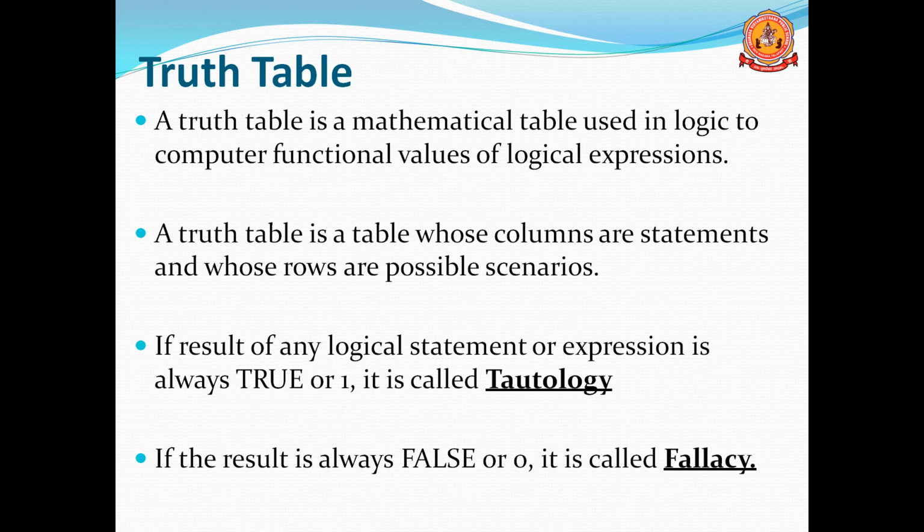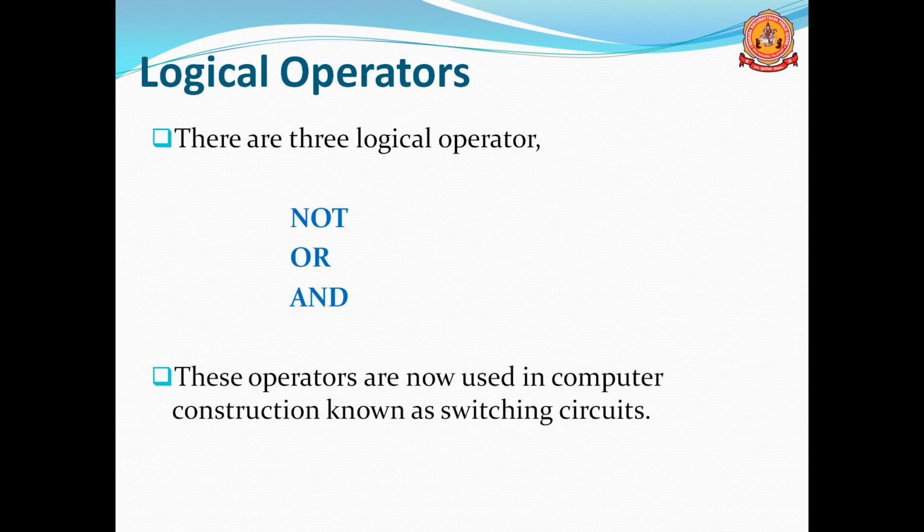And in the same way, whenever the output of the expression or statement is always false, that is known as a fallacy. Tautology means the output is always true, and fallacy means the output is always false.